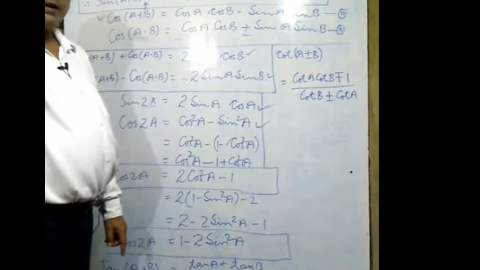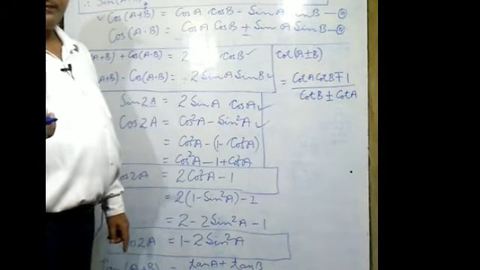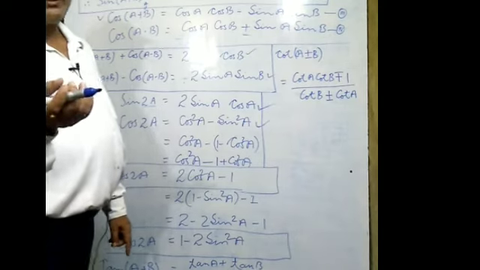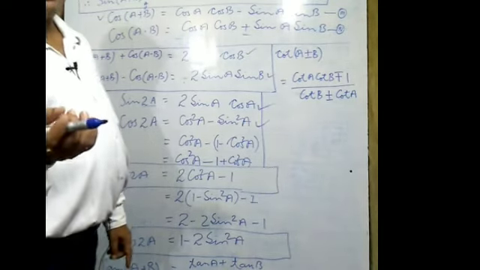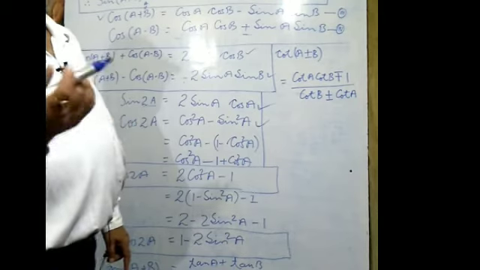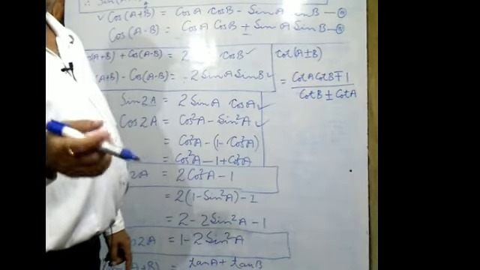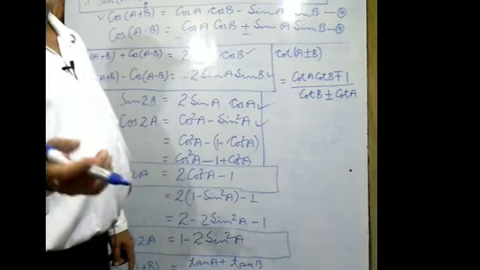So sin square A is equal to 1 minus cos square A, or cos square A equals 1 minus sin square A.